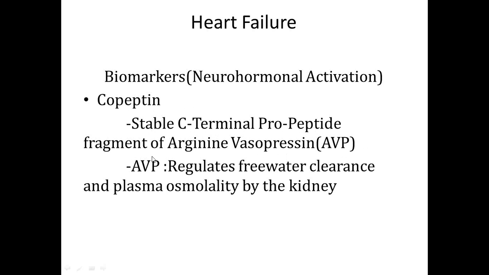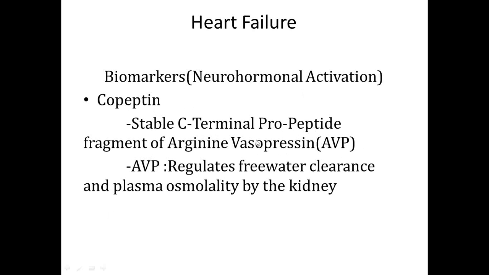Okay. Now, AVP regulates free water clearance and plasma osmolality by the kidney. So AVP does some good things. So the body's going to produce this when the patient has heart failure, okay, because it's going to regulate free water clearance and plasma osmolality.